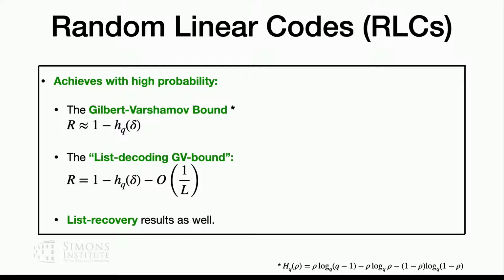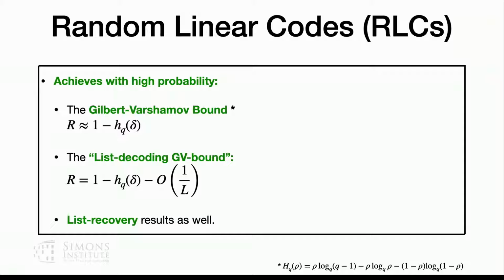Yeah. So what we do know about random linear codes is that they achieve the Gilbert-Varshamov bound, and they also achieve what I call, this is not a standard notion, the list decoding GV bound. In a sense, they are as list decodable as a plain random code. So what does that mean?